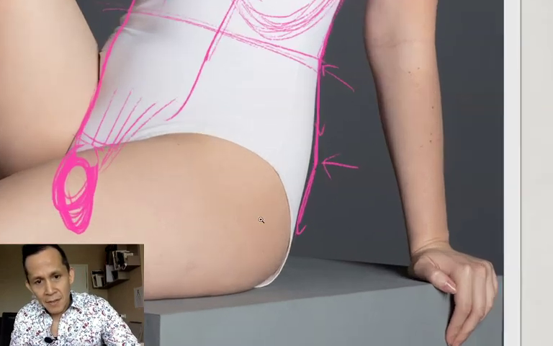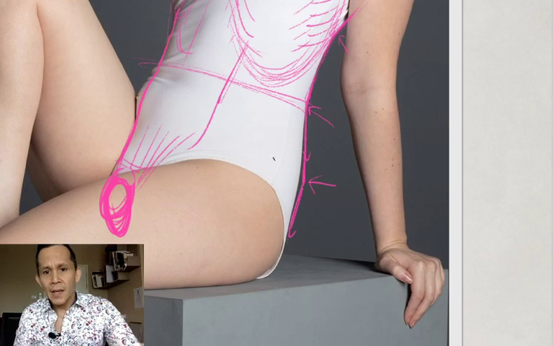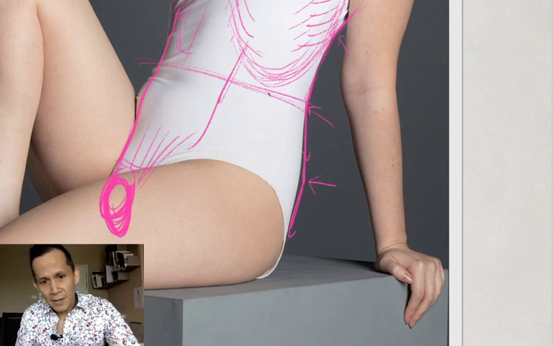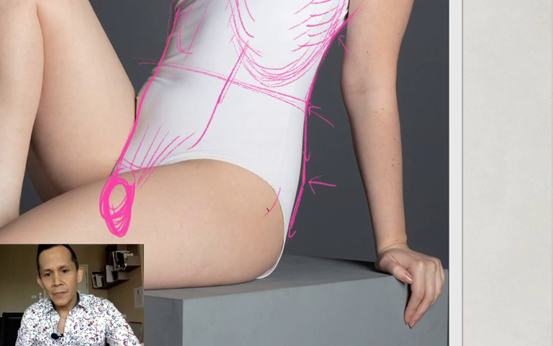This is tough. There is a subtle thing happening here. I can barely see it, but there's a little tiny shadow here. And what that is, it's called the hip flexor. It's a muscle like this. And this is your glute medius.